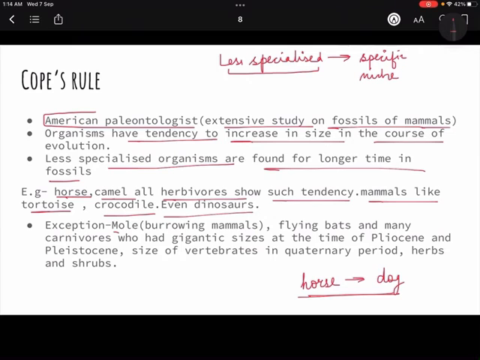So now what is the exception? Exception is a mole. Mole is a burrowing mammal. Burrowing means those who live under the ground.